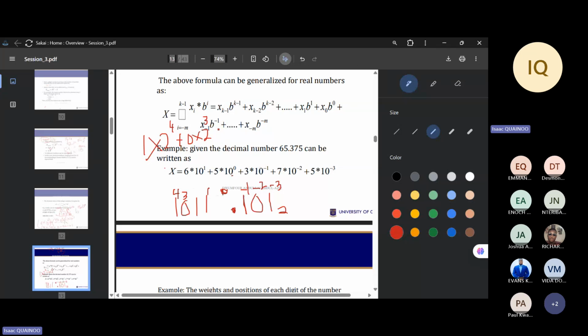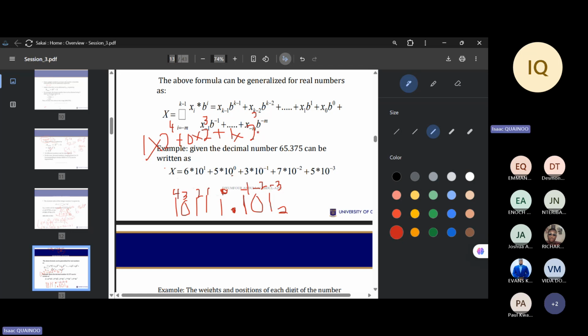Okay, so plus, we have 1 times 2 raised to the power 2. Let me just put the 1 here.